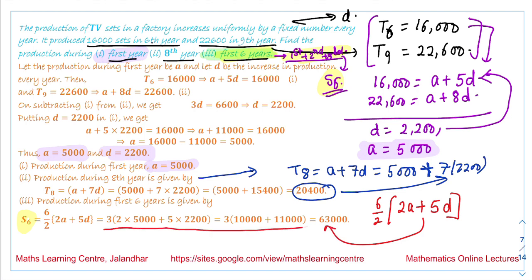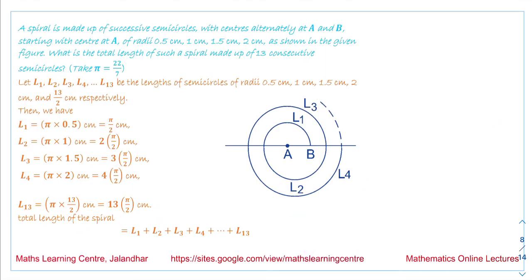We substitute the values of a and d, and we obtain that the total production in the first 6 years is 63,000 units.